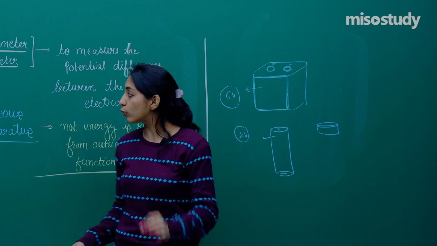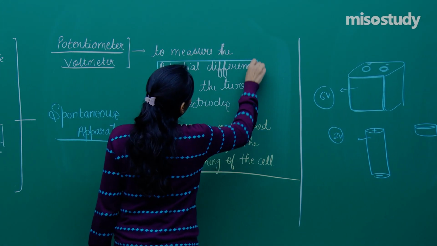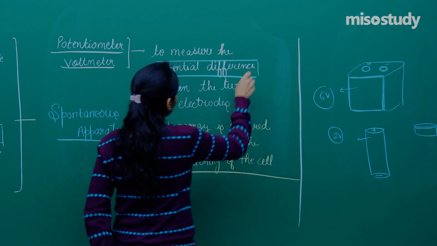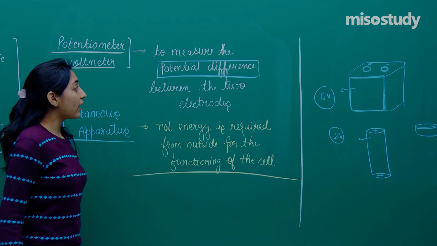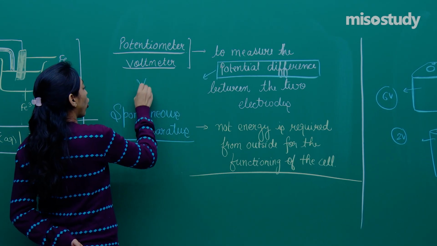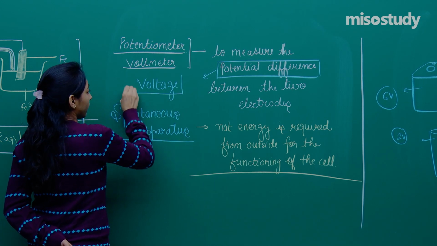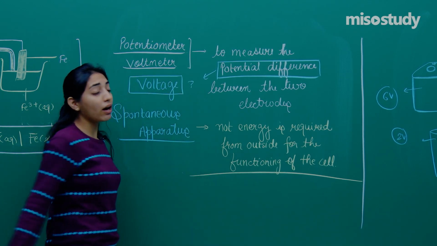That means the most important thing that is coming here is the potential difference between the two electrodes. And the potential difference between the two electrodes in our daily life we call voltage.